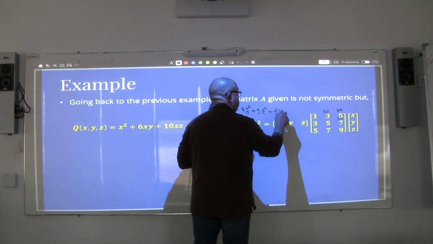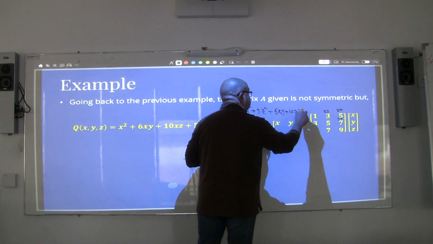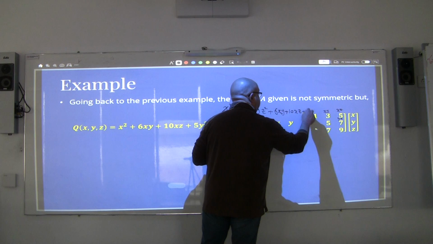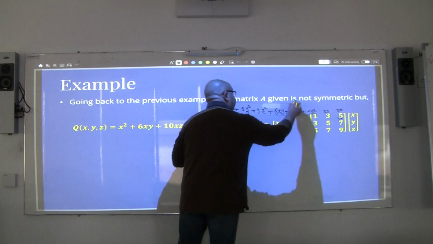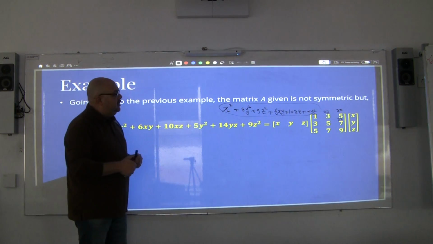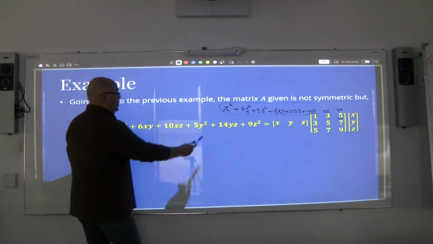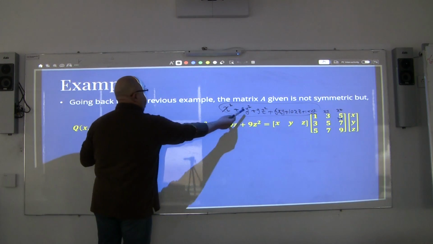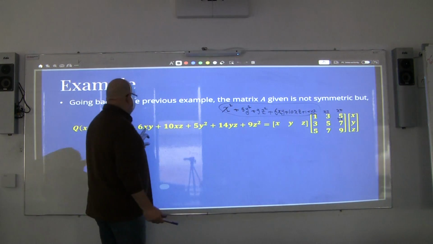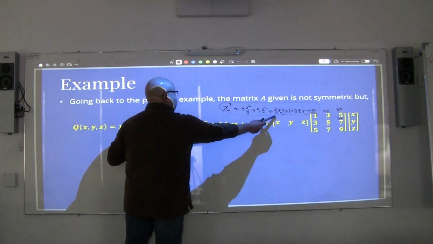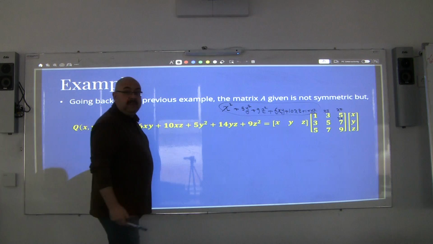So it's going to be 6xy plus 10xz, and then 14yz. If you notice, that's the quadratic form assigned to this symmetric matrix. Once more, here is x squared, 5y squared, 9z squared, then 6xy, 10xz, and 14yz.